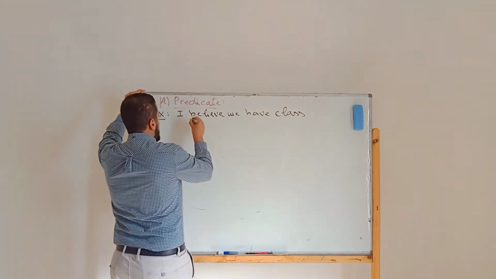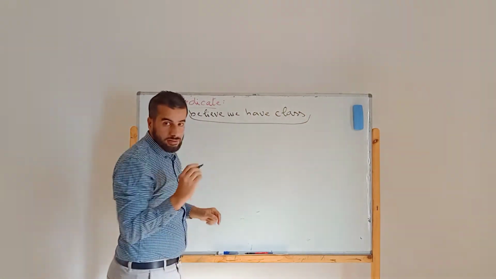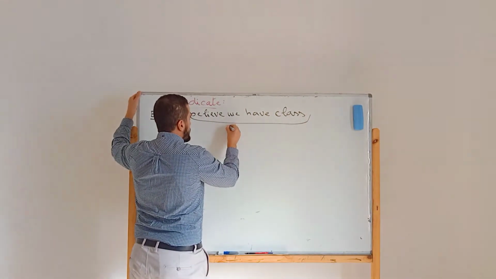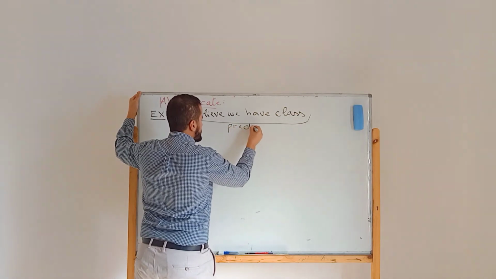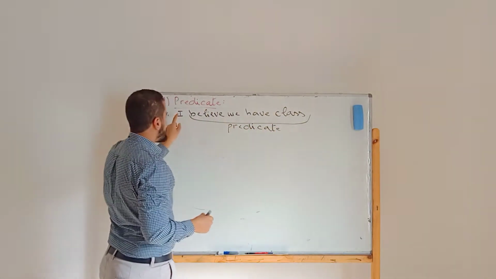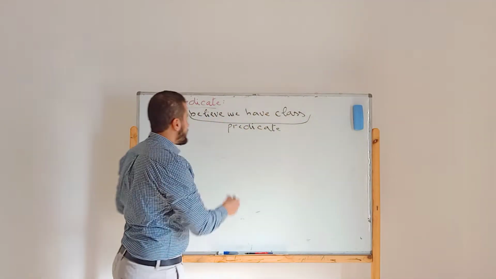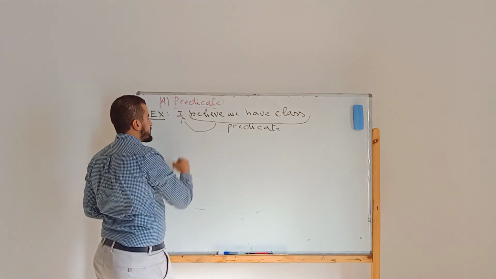This part is called predicate. Okay, so this one is the predicate. It gives us information about a subject. So I believe we have class. So it refers to the subject.